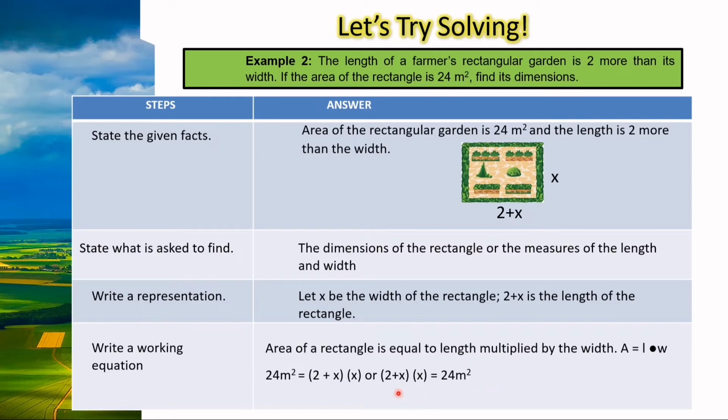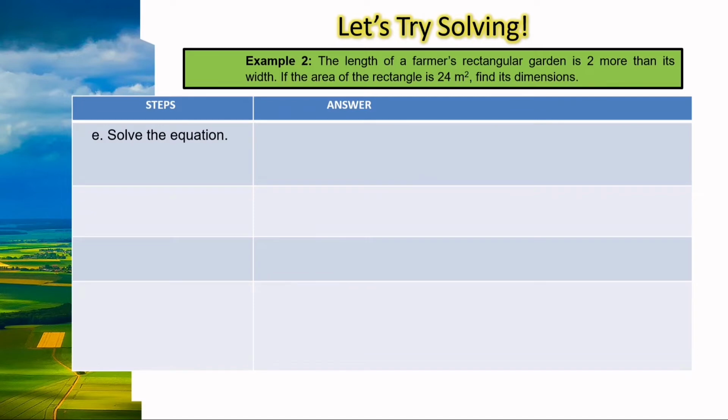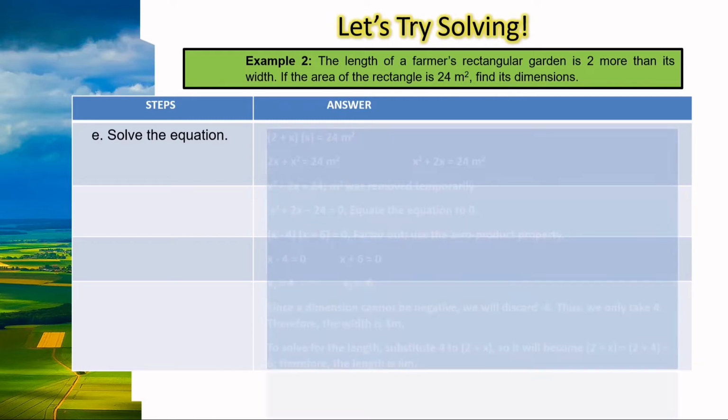So you have 2 plus x times x is equal to 24 square meters. Now, what's the next thing to do after writing your equation? The next step is to solve the equation. So how will you solve the equation?